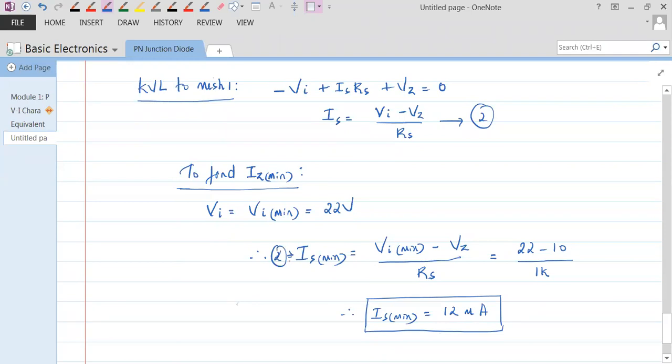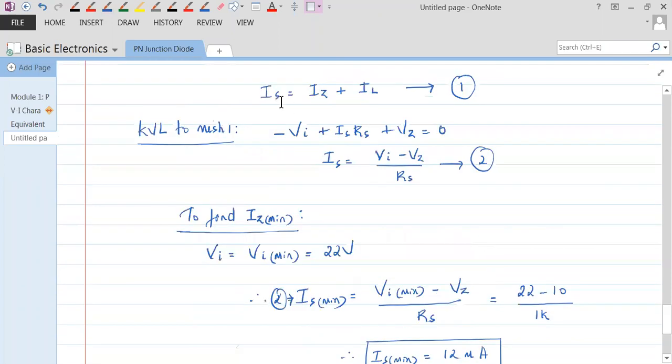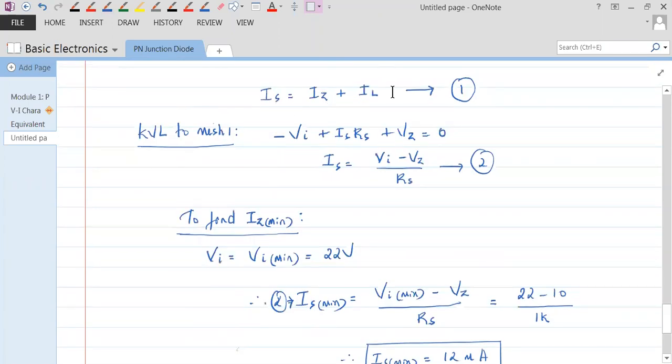Therefore, equation 1 implies IZ minimum is equal to IS minimum minus IL. Why? See here, IS is IZ plus IL. So IZ minimum is IS minimum minus IL.